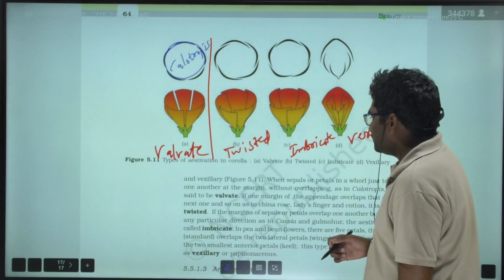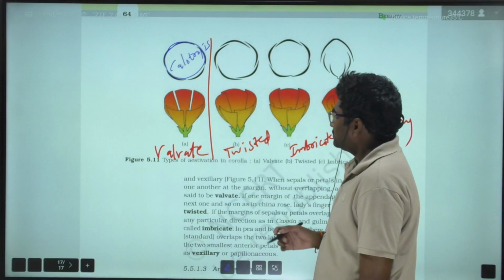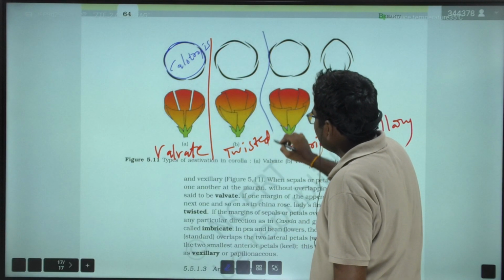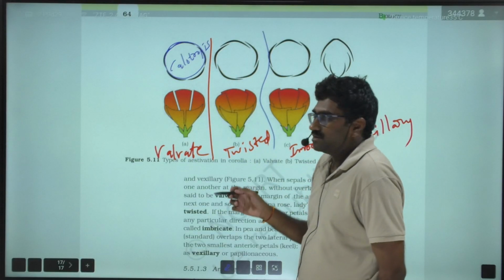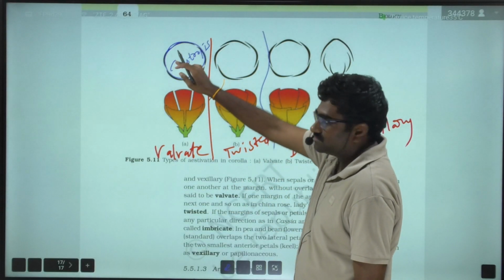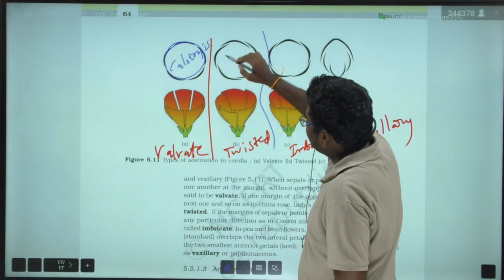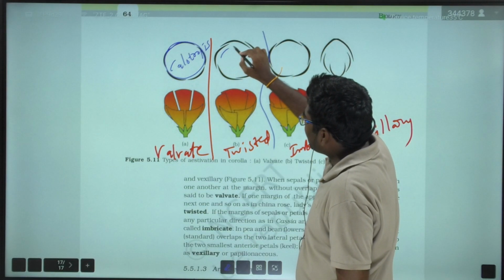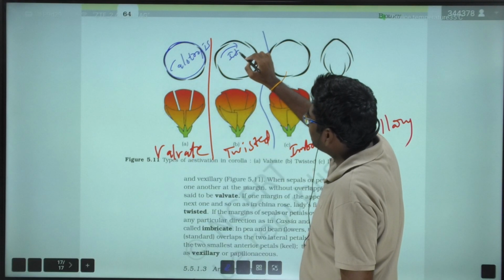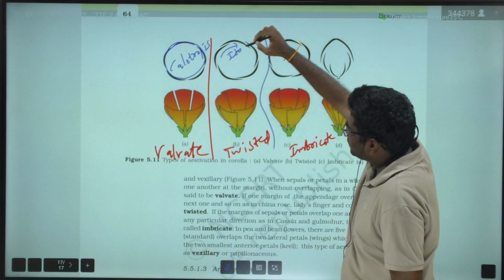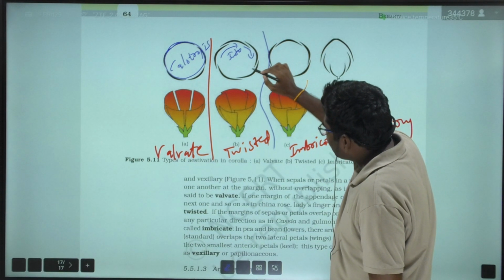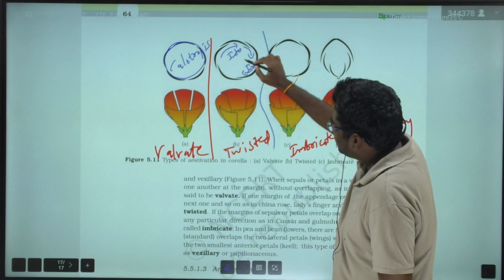Next, twisted aestivation. So if you look into the twisted aestivation, overlapping is common, whereas in the valvate aestivation there is no overlapping. Here one sepal is overlapped into the next sepal, and this next sepal overlaps into the next sepal, and this sepal overlaps into the next sepal.